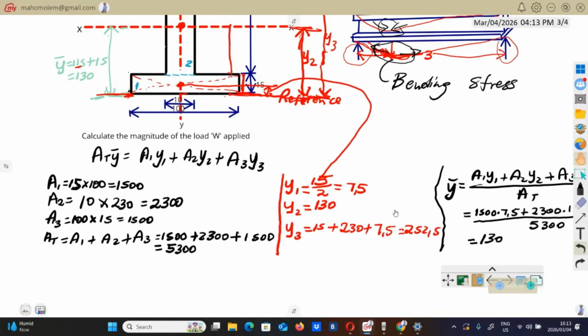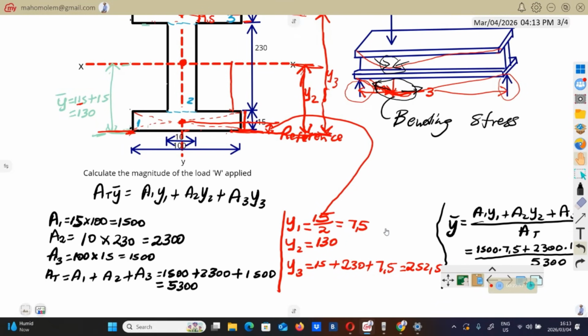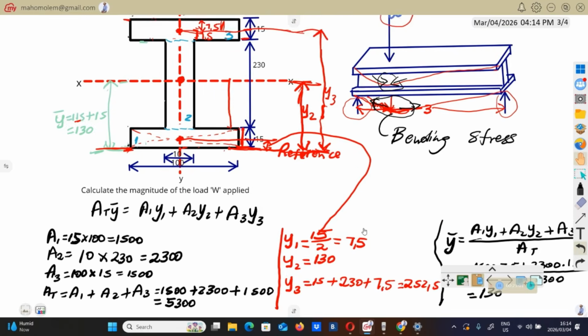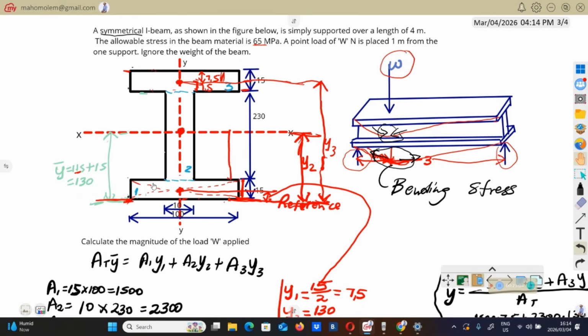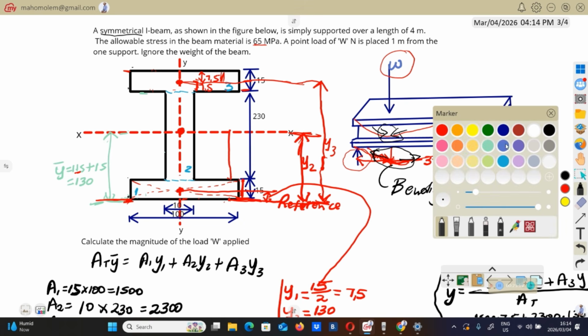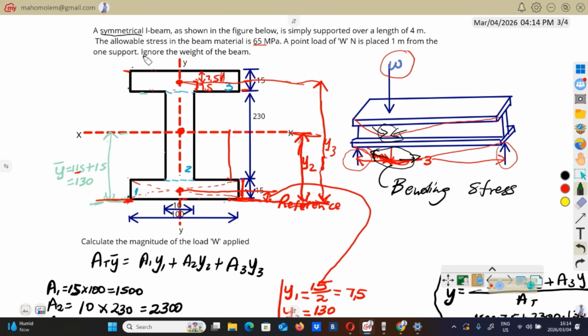Let me just find the centroid, the vertical distance and the horizontal distance. The same thing applies. This side will be the mirror image of this side, meaning that halfway, or the centroid of this thing, will be from here to there.